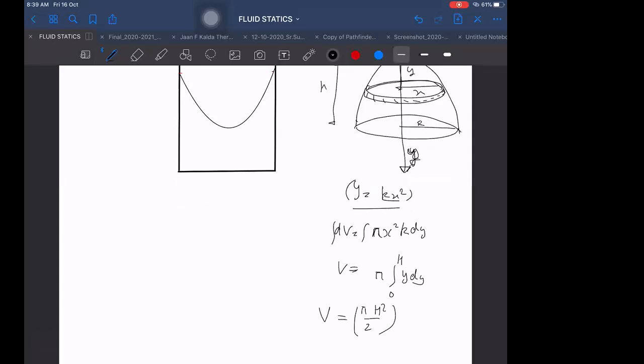I can put h in terms of r. What is h? h is equal to k r square. So what could I write? Wait a second, is it right? Pi x square into dy only, k will not be there. But as k is not there, here k will come by k.